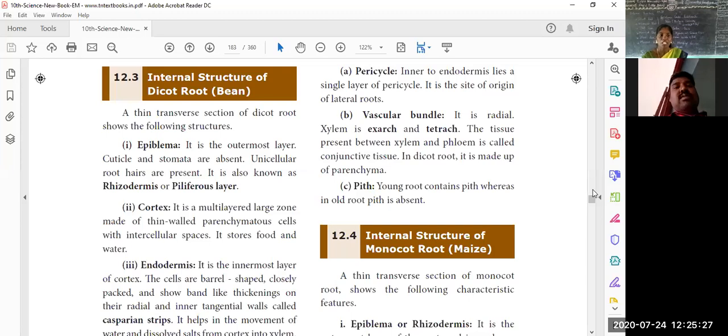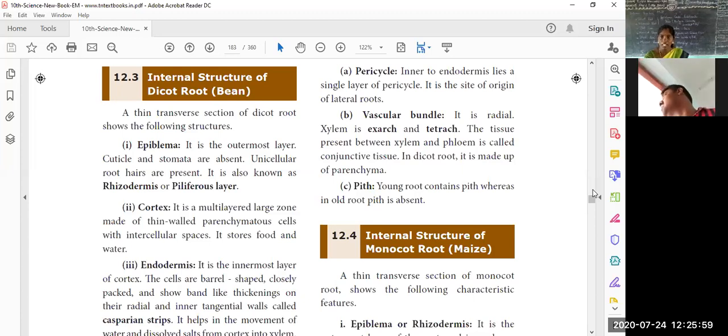Okay, so next, endodermis. It is the innermost layer of cortex. This zone is present next to the cortex. The cells are barrel shaped. In this region the cells look like a barrel. They are closely packed, which means densely packed, and show band-like thickening on their radial and inner tangential walls called Casparian strips. So the band-like thickenings are present on the radial walls.